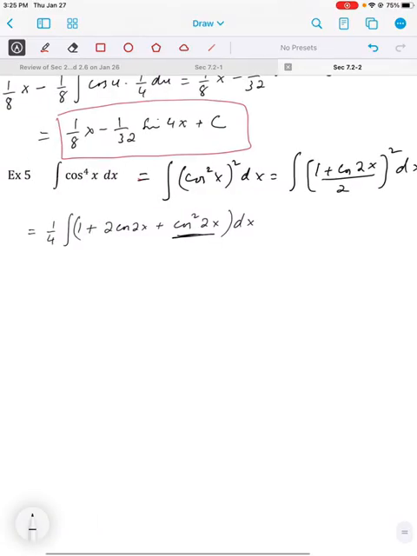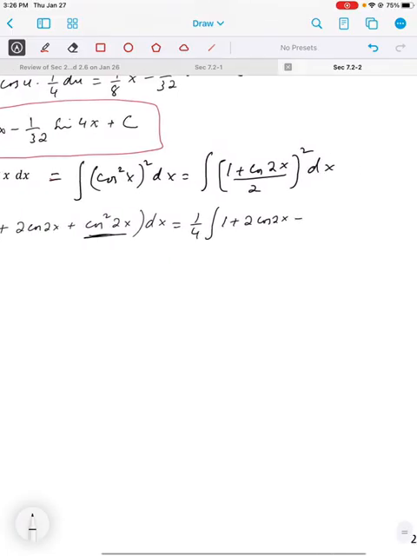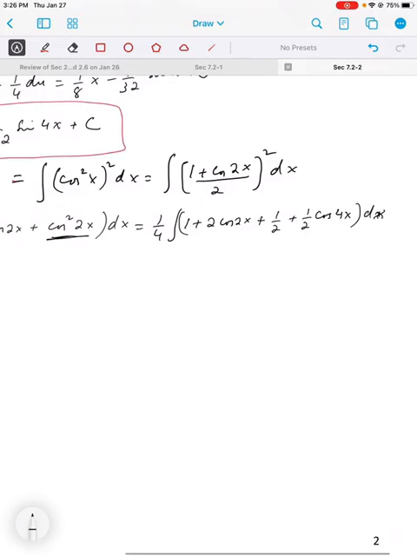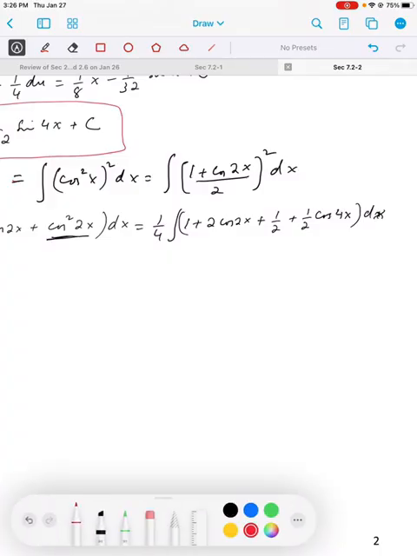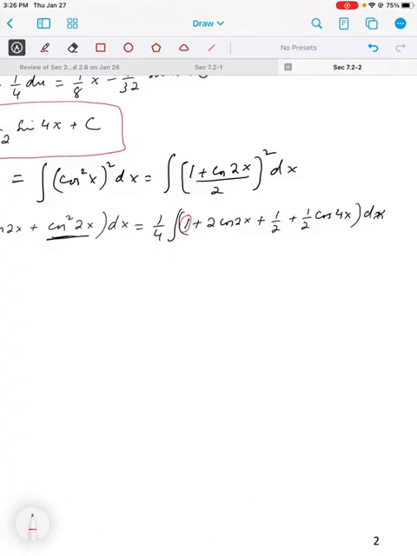So I will have 1 over 4 integral 1 plus 2 cosine of 2x plus, so cosine square of 2x will be 1/2 plus 1/2 times cosine of 4x dx. Now we can see that these two numbers combine. So we get 3 over 2.